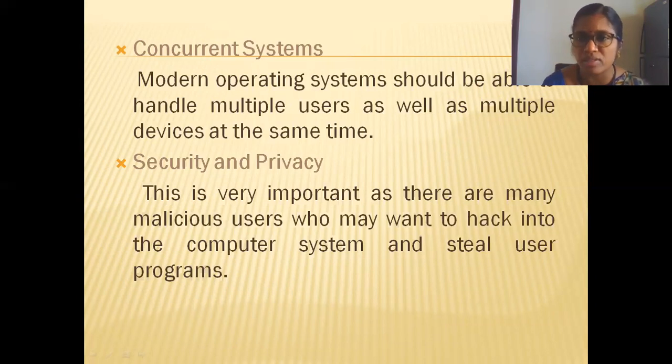So with this, what happens? What is an advantage of concurrent systems? Multiple processes will execute in a similar time. What is an advantage of this? When multiple processes are under execution, if one process goes for an IO device, another process will be busy with CPU. If the process goes to an IO, the other process will come for CPU. As the CPU is very costly and very essential, our CPU cannot be idle.